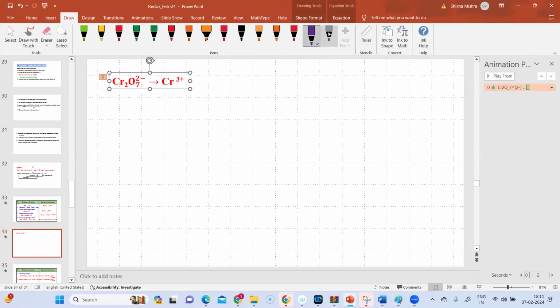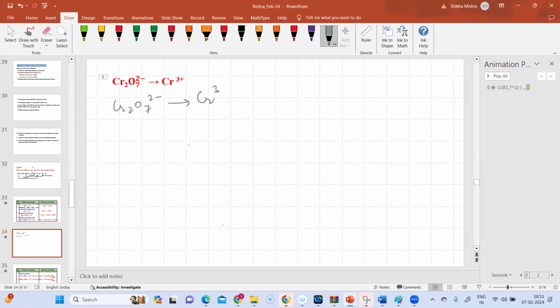See, the first step says balance all the atoms except oxygen and hydrogen. So we can see there is a chromium atom. In the first step, I will write Cr2O7 2-, changing to Cr3+, and I will add 2 before it. Then I have to balance the oxygen atoms, right?